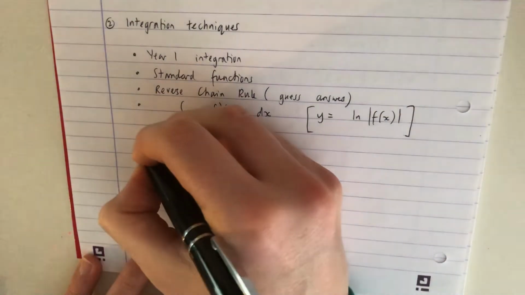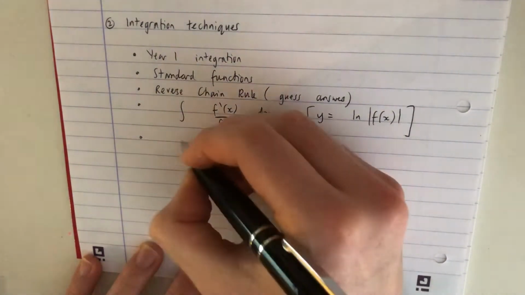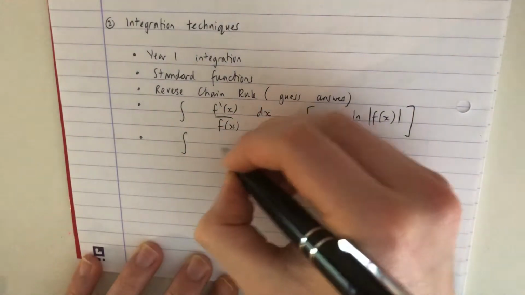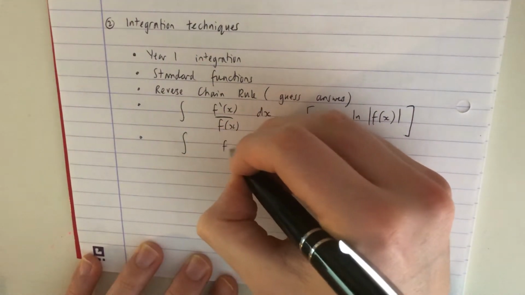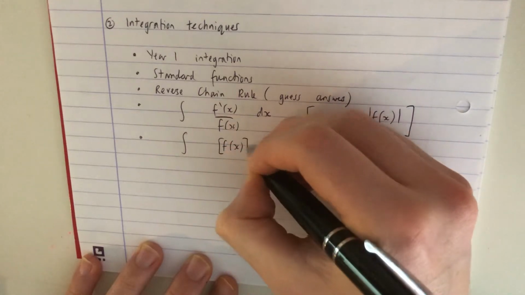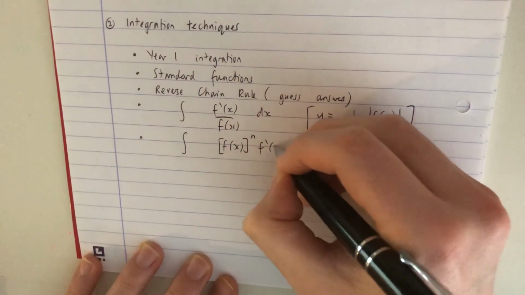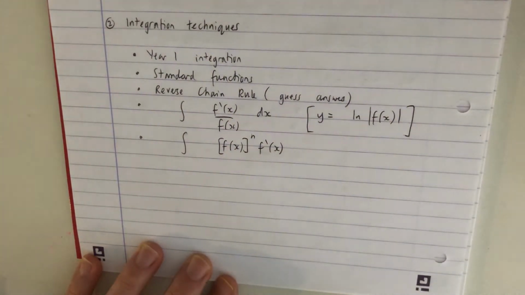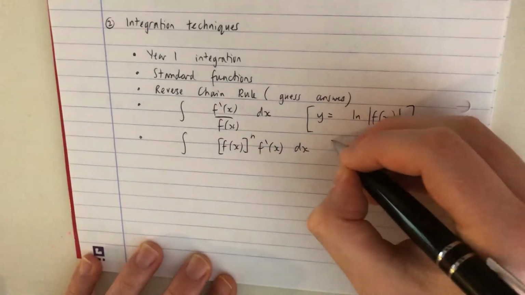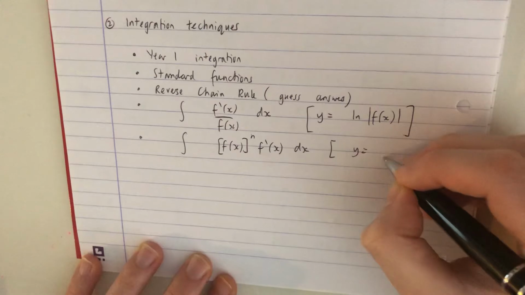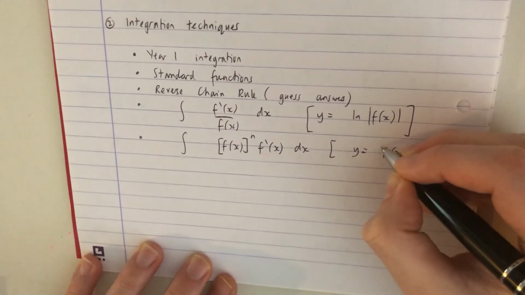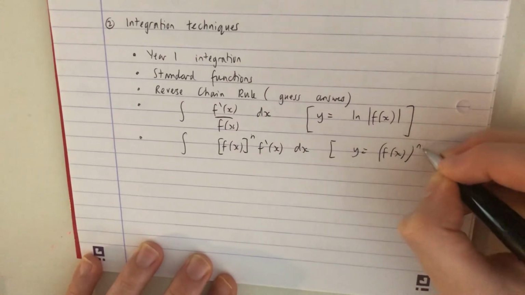And then another pattern to spot is f of x to the power of n times f dashed of x, and for this pattern, you always guess f of x to the power of n plus 1.